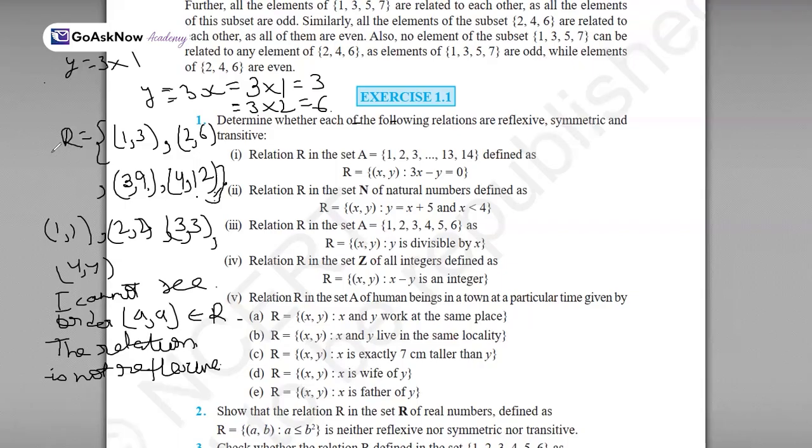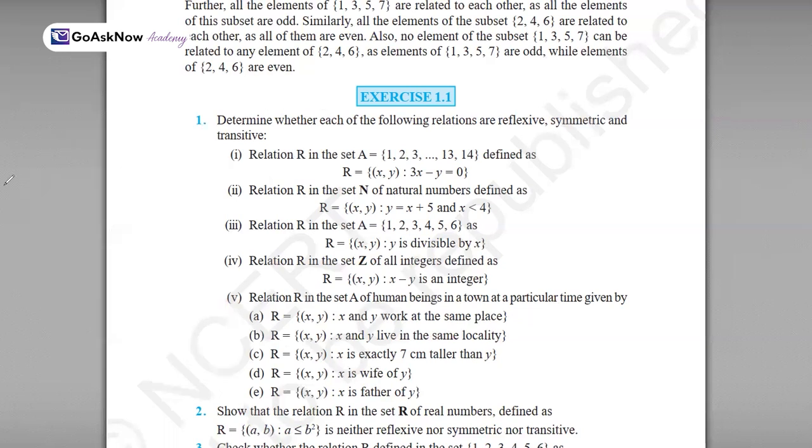I will just clear this part so that I can proceed to the next part. Now I have to check whether the relation R is symmetric or not. It contains 1 comma 3, 2 comma 6, 3 comma 9 and 4 comma 12. Do we see 3 comma 1 for 1 comma 3?